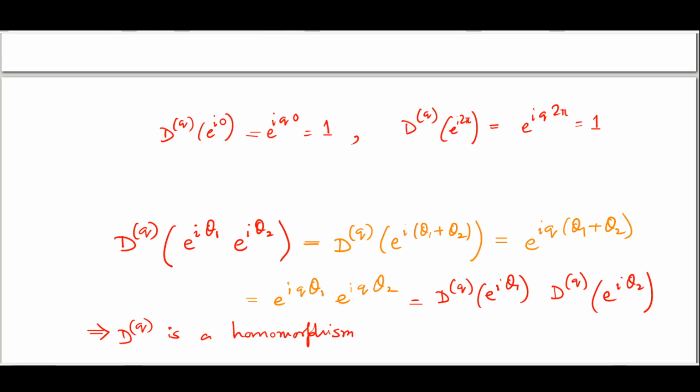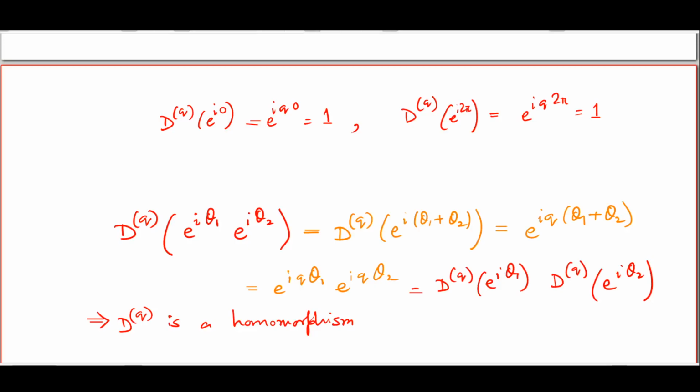So d_q is a homomorphism. So whatever we needed to prove that this is a representation is done here. Of course, being one-dimensional, it has to be an irreducible representation. There is nothing further you can reduce it onto.